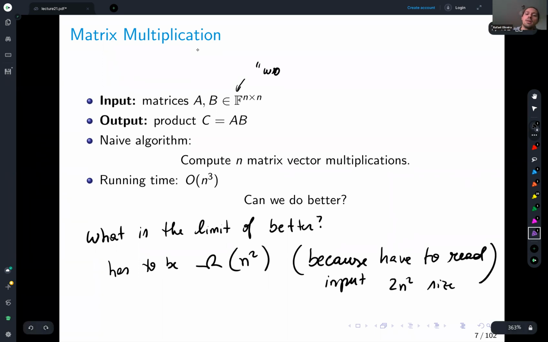So what is the limit of better here? It has to be omega of n squared, just because you have to read the input. But apart from omega of n squared, all bets are on.